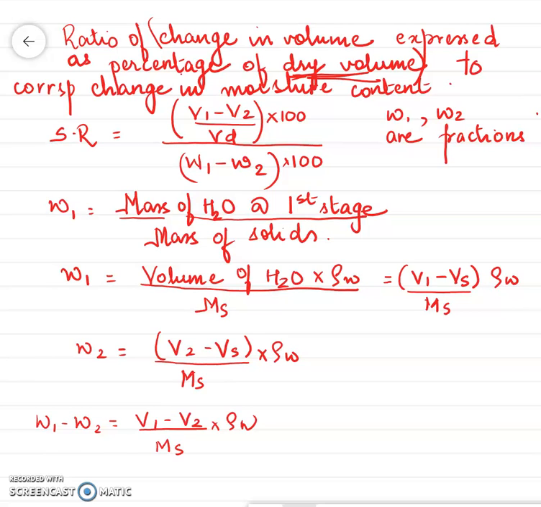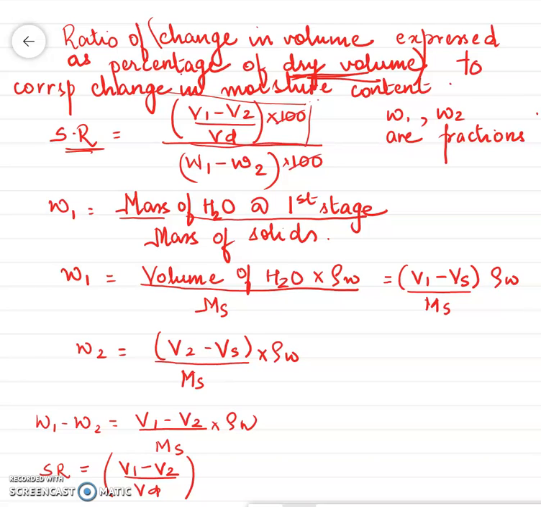So now shrinkage ratio will be given as (V1 minus V2) upon VD. I think the cursor is not visible, so write what is written here. Same thing. The 100 I'm cancelling.